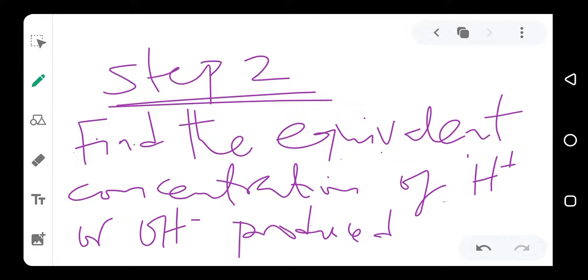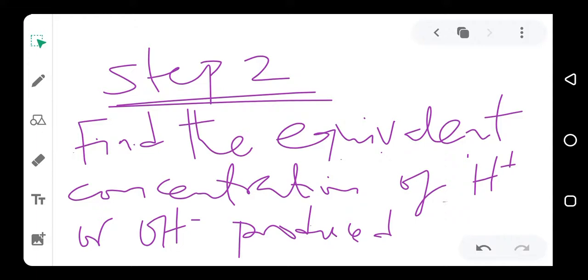Now, how do we find this? In the question given to us, there is always a molar concentration given. We use that given concentration to find the equivalent hydrogen ion, if it is an acid, that will be produced by that concentration, or the hydroxyl ion that will be produced if it is a base.